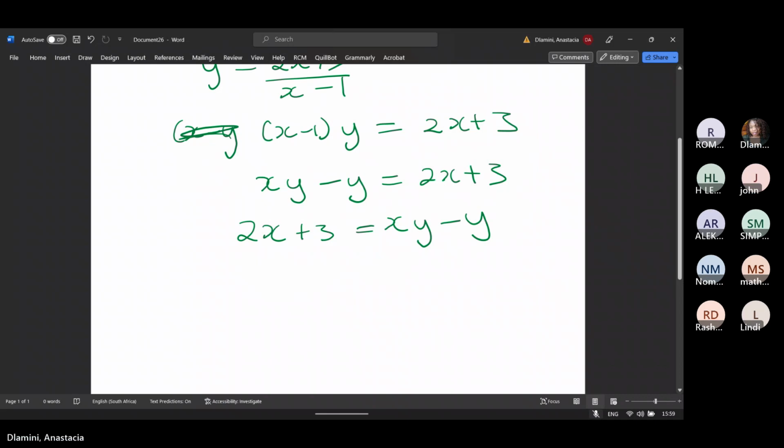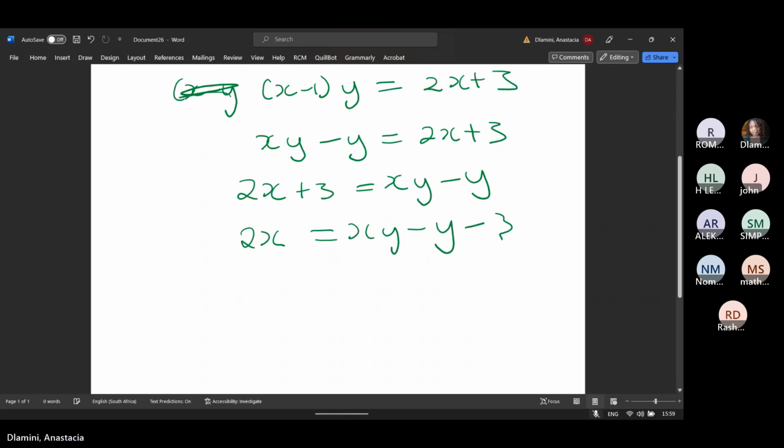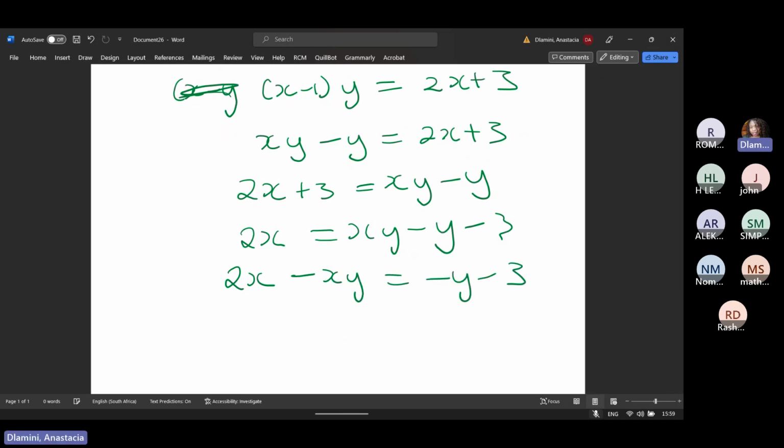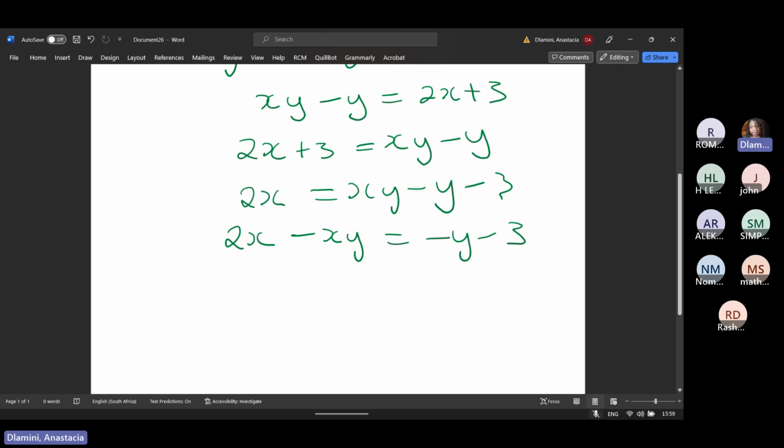Then 2x equals xy minus y minus 3. My brain, please don't fail me. Minus xy equals minus 3 minus 3. I don't know what I'm saying, but I think it's correct. So I factor out x, right? x times 2 minus y equals minus 3 minus y.